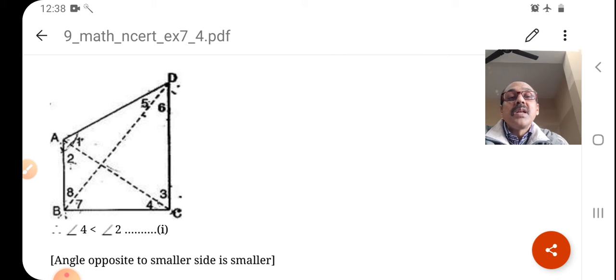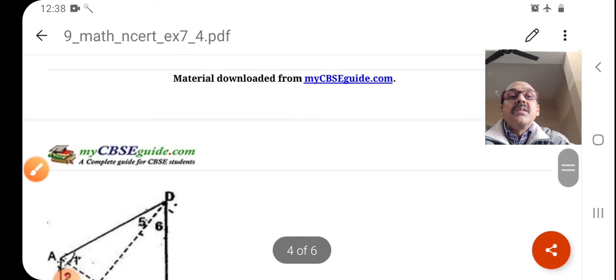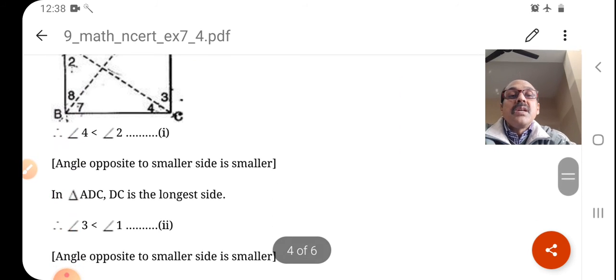We get this figure, and we name the angles 1, 2, 3, 4, 5, 6, 7, 8. Now angle 4 is less than angle 2, because the angle opposite to the smaller side is smaller.